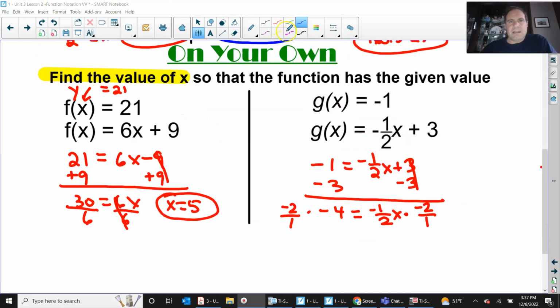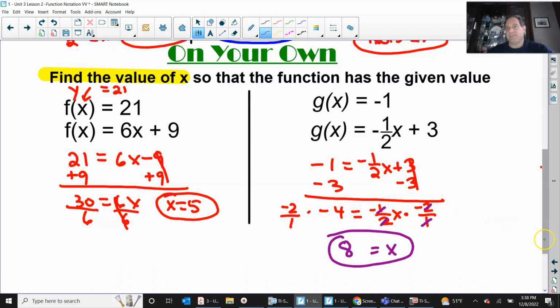Just like that, and then this -1 and 1 cancel, -2 and 2 cancel. This x comes down, and you have -4 times -2 is a +8. So x is 8. That is it.